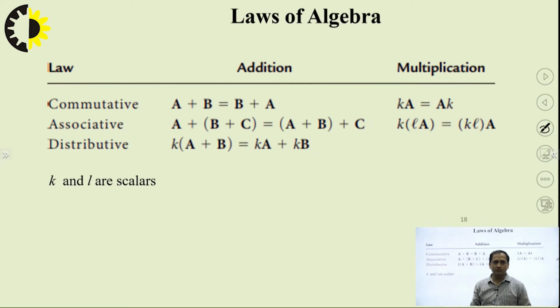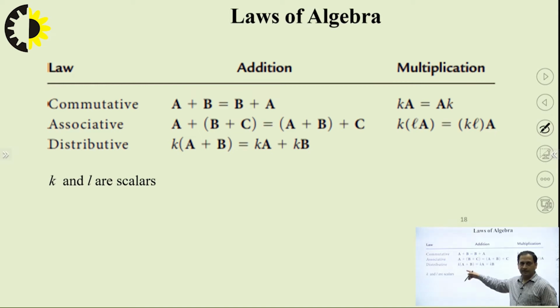There are some laws of algebra which can be used for the addition and the multiplication, that a plus b is equal to b plus a. This is the commutative rule. In the associative rule, a plus b plus c is equal to a plus b and then plus c.